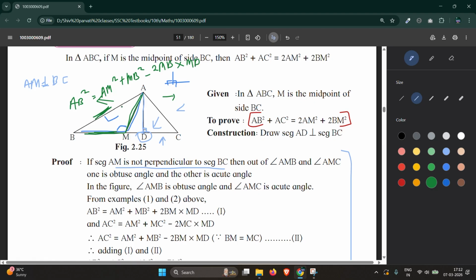This is the same thing that we just proved earlier: this side squared would be the sum of the squares of the other two sides, minus twice the bottom side and the length to the perpendicular.